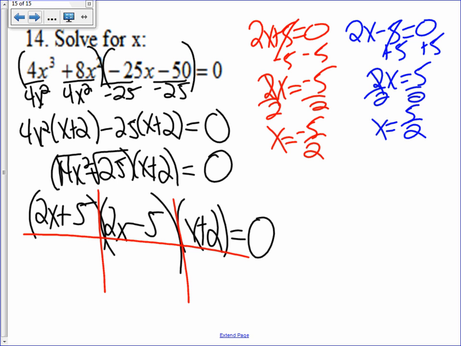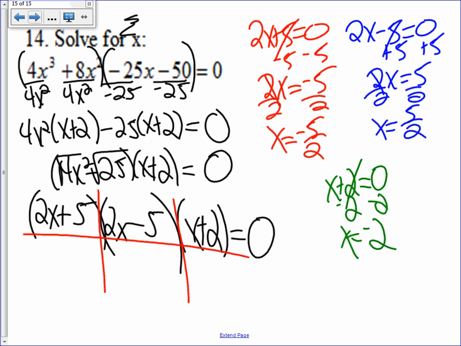X equals 5 over 2. X plus 2 equals 0. X equals negative 2. So my answers: I have plus or minus 5 over 2, and I have negative 2.